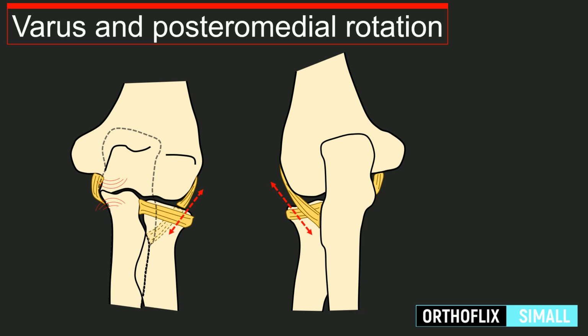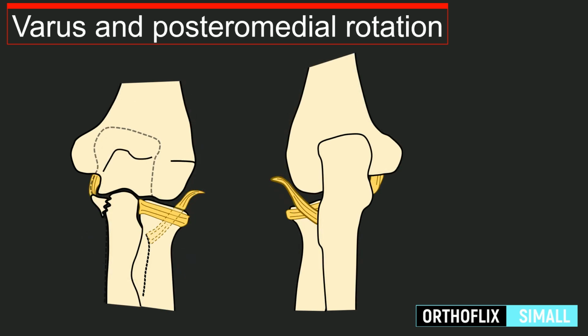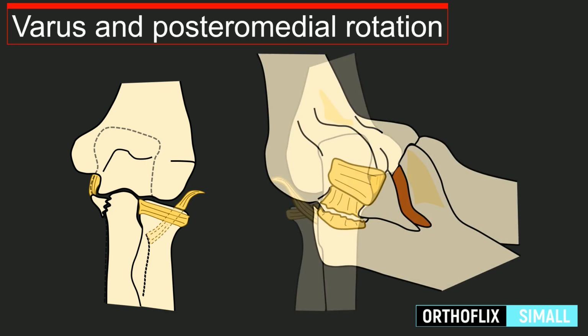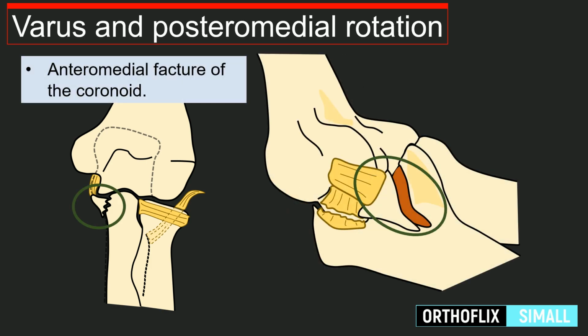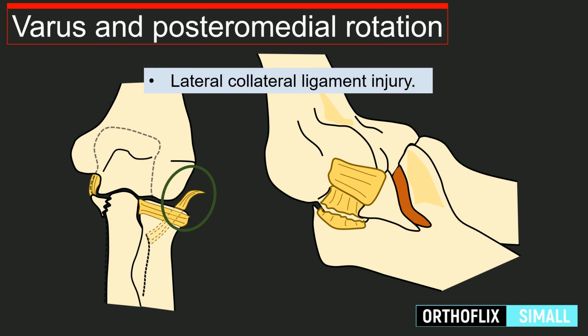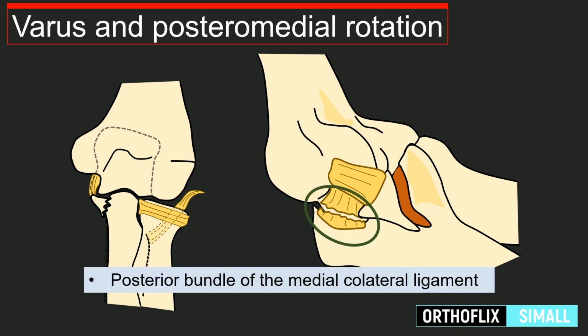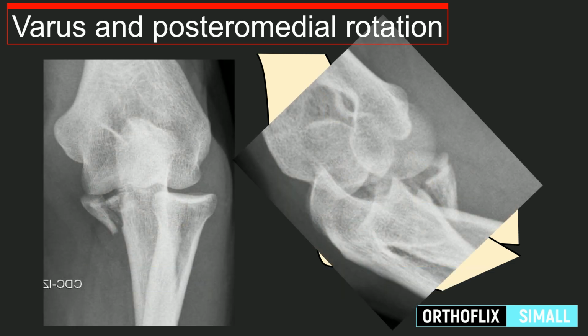The lateral collateral ligament is stretched, and as the arm rotates, there's a shear fracture of the medial edge of the coronoid process. So this will give us an anteromedial fracture of the coronoid, lateral collateral ligament injury, and an injury of the posterior bundle of the medial collateral ligament as well. And this is a typical X-ray view of this lesion.